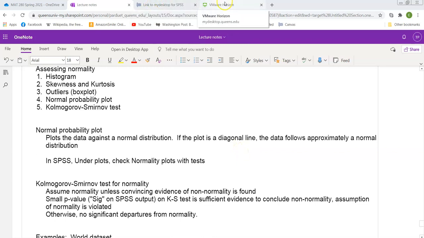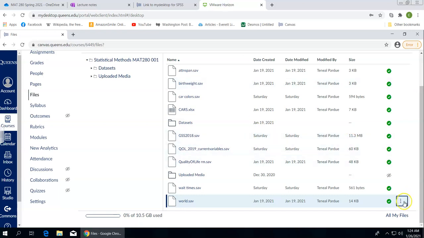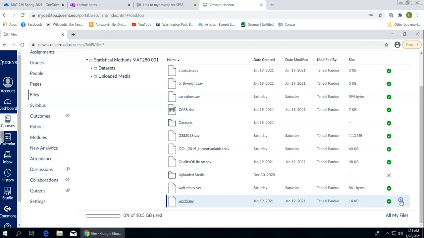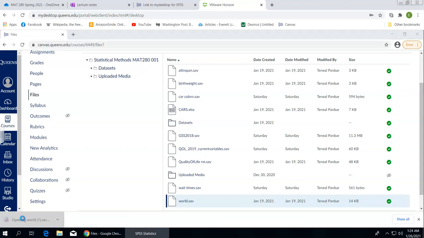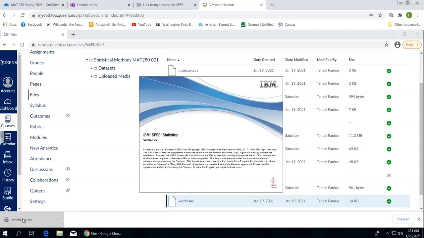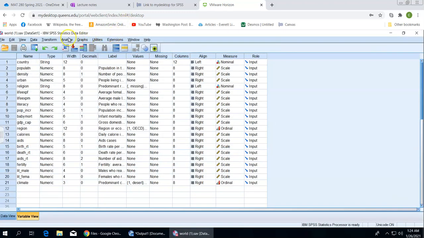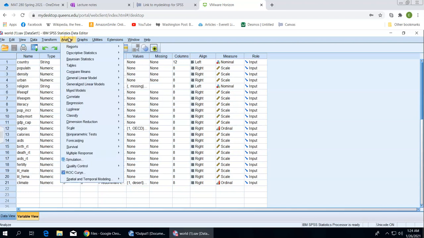So I'm going to pull up a data set in SPSS. I'm going to pull up this world data set. And we will look at 2 of the variables.